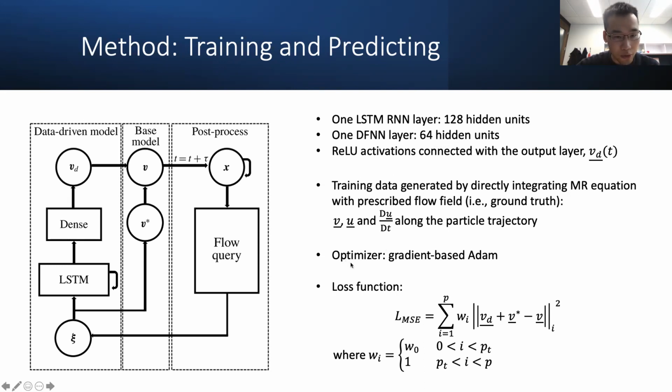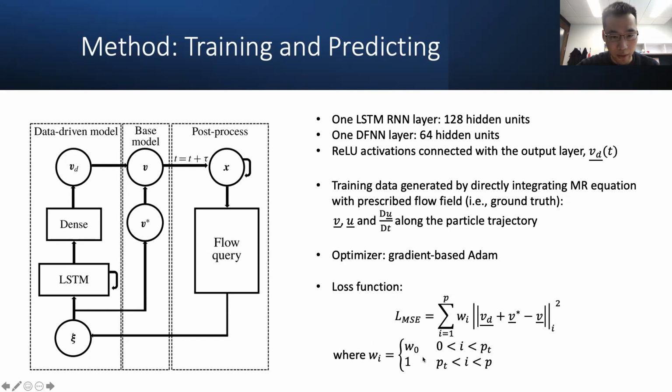So they're using the gradient-based Adam optimizer, and the loss function is defined such that they're trying to minimize the error of the RNN model output with respect to the ground truth. And there's a weighting factor.